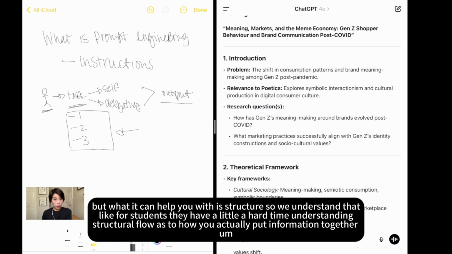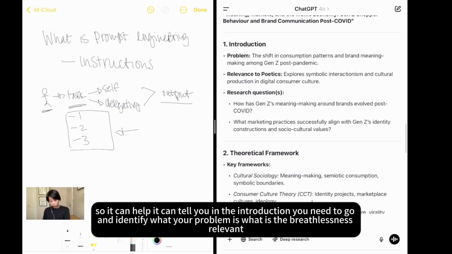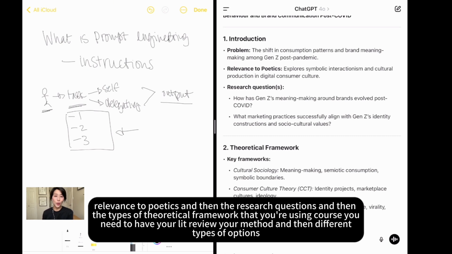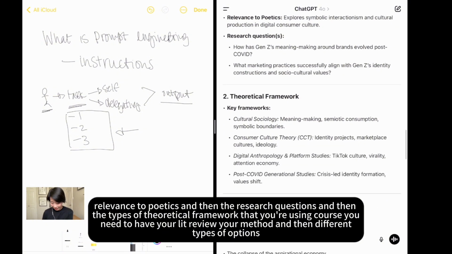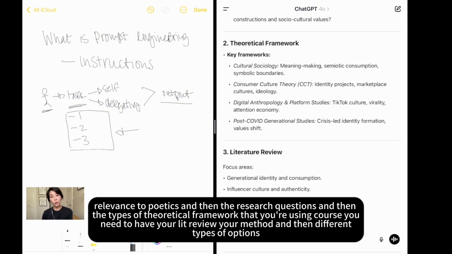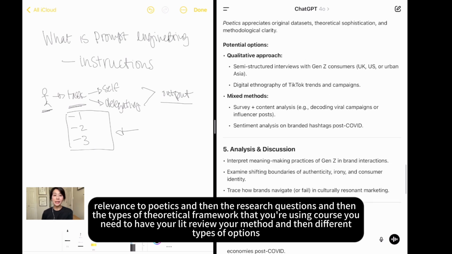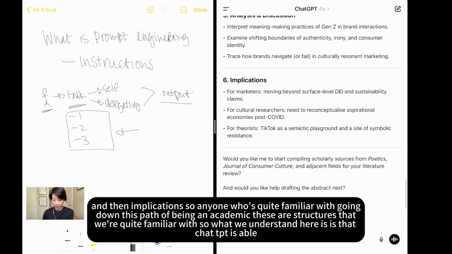We understand that students have a hard time understanding structural flow, as to how you actually put information together. So it can tell you that in the introduction, you need to identify what your problem is, what the relevance to Poetics is, and then the research questions, and then the types of theoretical framework that you're using. Of course, you need to have your lit review, your method, and then different options for analysis and discussion, and then implications.